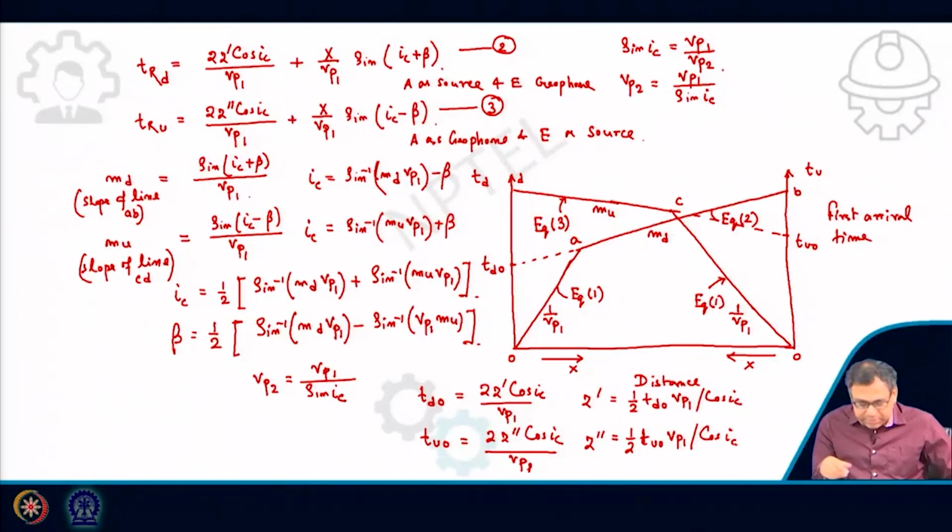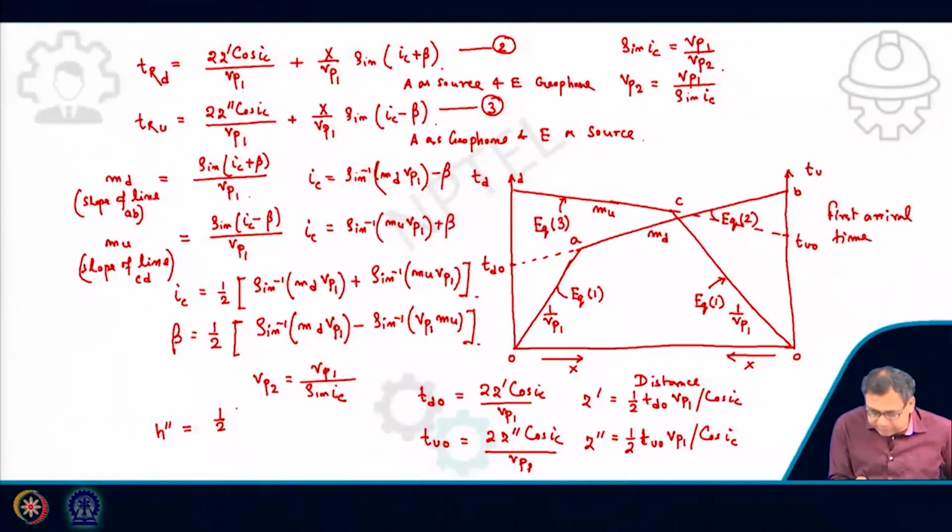Okay. Now as I mentioned, if you know the Z dash and Z double dash, then you will get the H also. If you know the beta, how you will get the H? That is, you will get half TU0 VP1 divided by cos IC divided by cos beta.